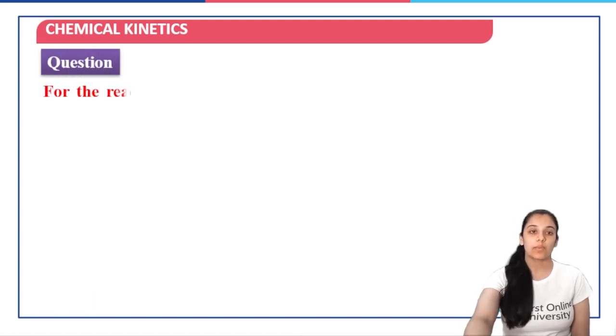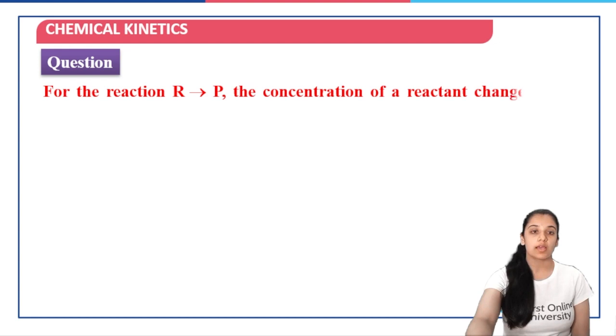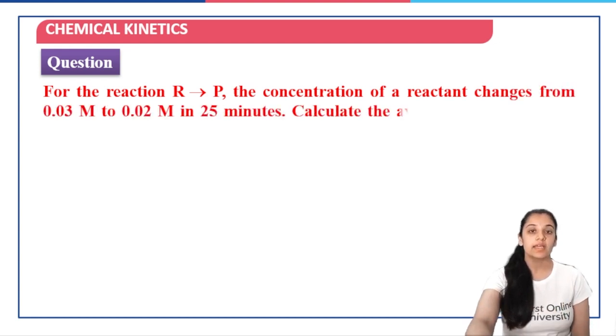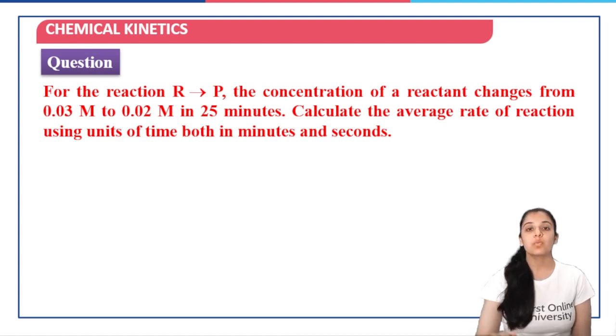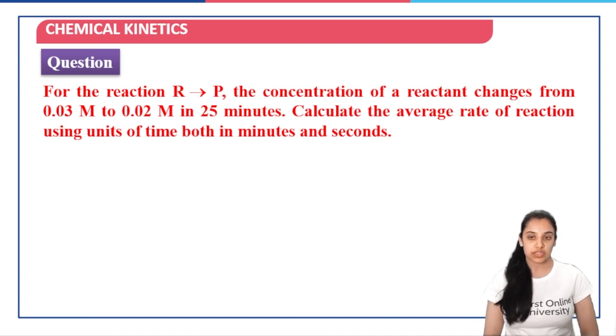Let us have a look at the question. For the reaction R goes to P, the concentration of a reactant changes from 0.03 molar to 0.02 molar in 25 minutes. You have to calculate the average rate of reaction using the units of time, both in minutes as well as seconds. So remember what the formula for the average rate of reaction is.